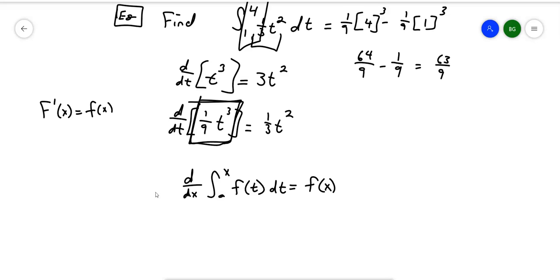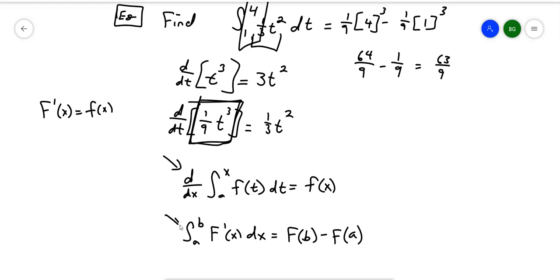Okay, so the second fundamental theorem says this: if I want to take the integral of a derivative, where the derivative is capital F prime here, I again get my original function back in a way. So here I do the derivative of an integral and get the same function back.